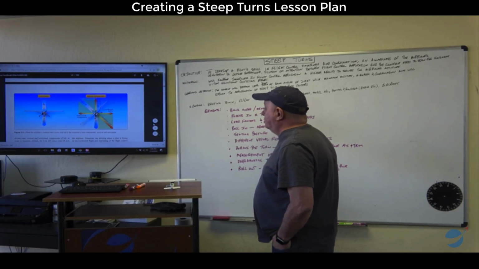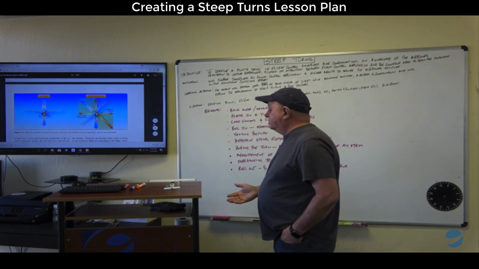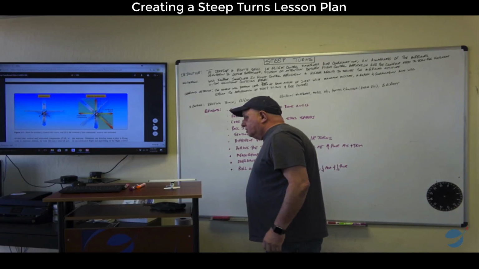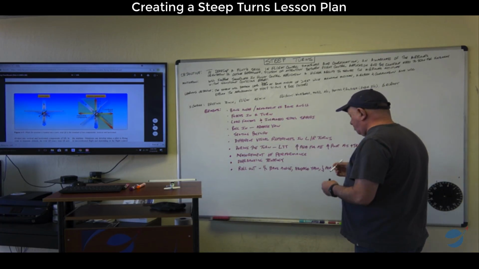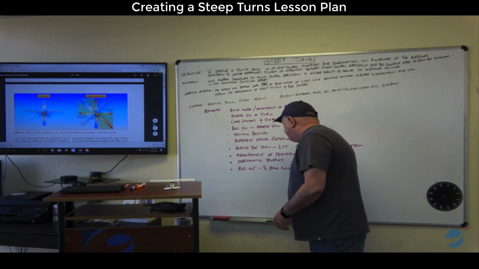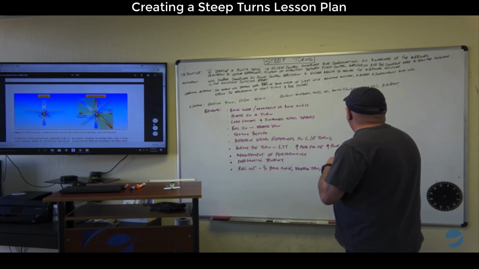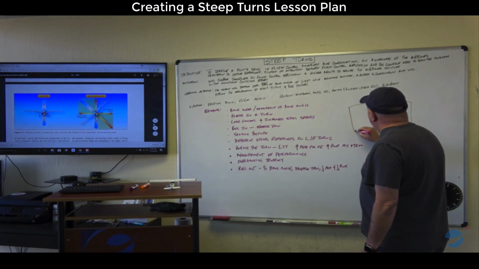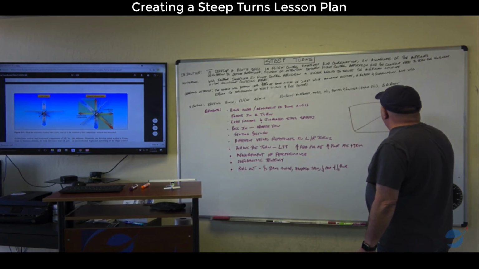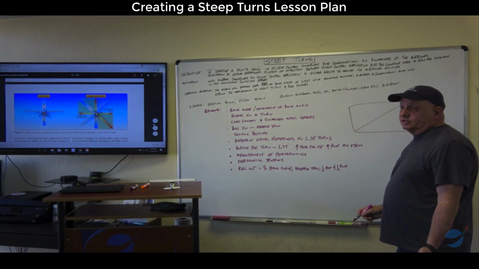So the first thing we'll need to know is how do we measure 45 degrees? And the way we can do that is simply by looking outside. If we look at the aircraft through the window, we're going to see out front, we should see the horizon. And the horizon should be at 45 degrees.